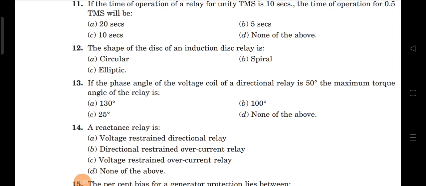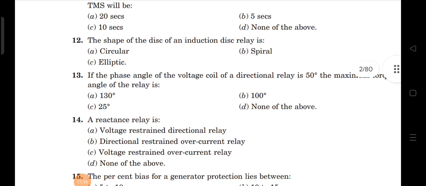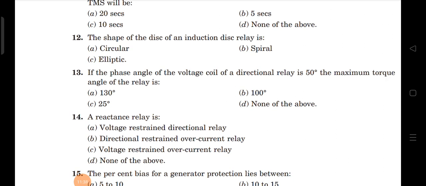Next, if the phase angle of the voltage coil of a directional relay is 50 degrees, the maximum torque angle of the relay is? In case of a directional relay, the torque angle plus theta is equal to 90 degrees for maximum torque, where theta is the phase angle of the voltage coil, assumed to be 50 degrees. Here we need to calculate the torque angle tau.